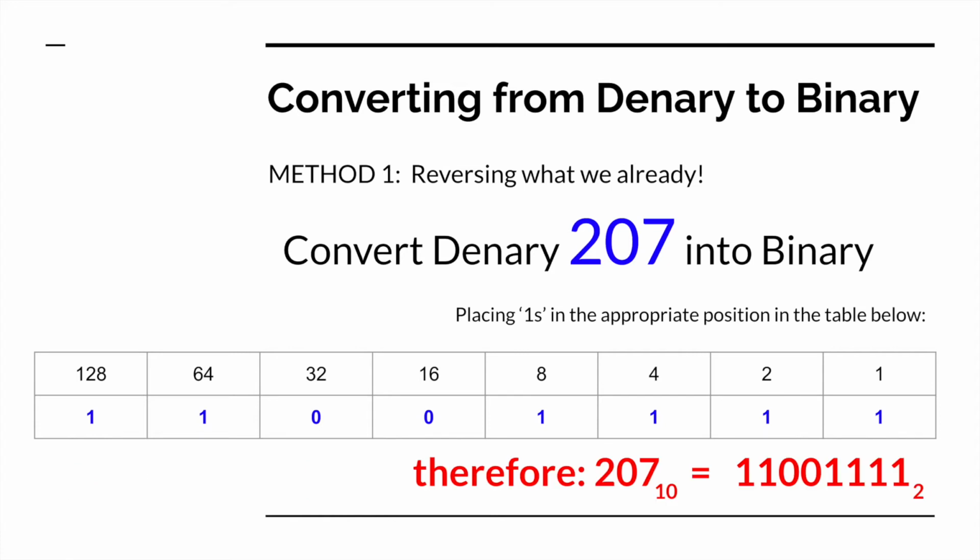Okay, so the number there is 11001111 in binary. Now that's the easy method. Okay, a simple question of subtracting, taking away, finding the remainder once we've removed these headers, these numbers, from the value we're trying to find.